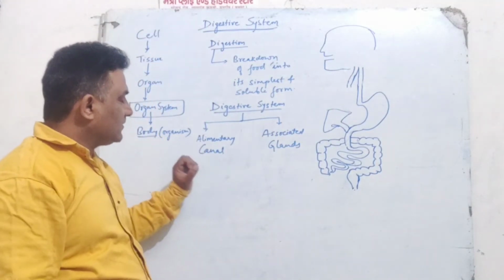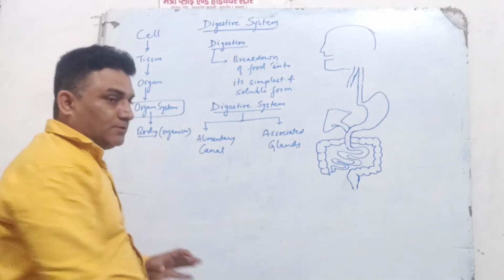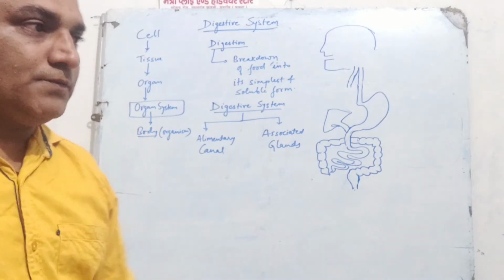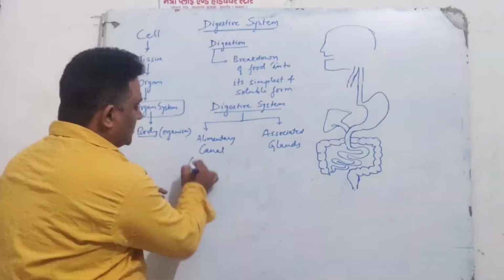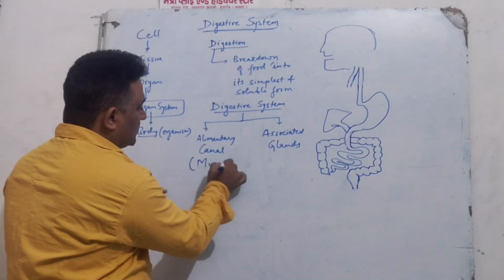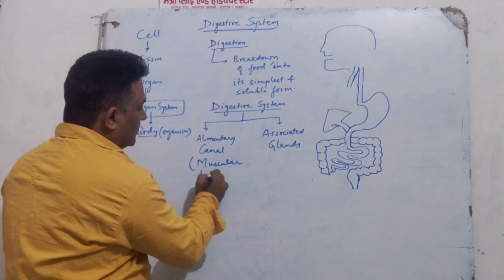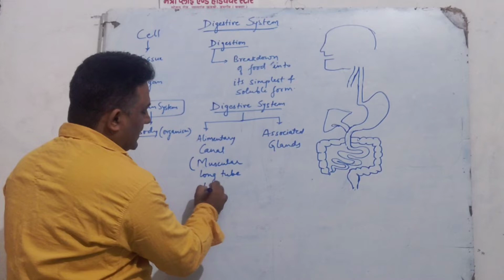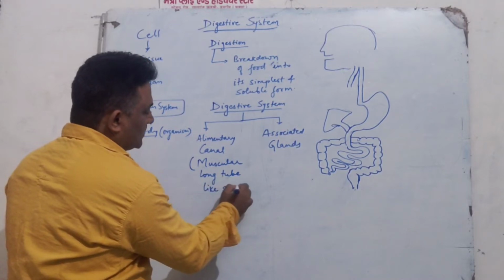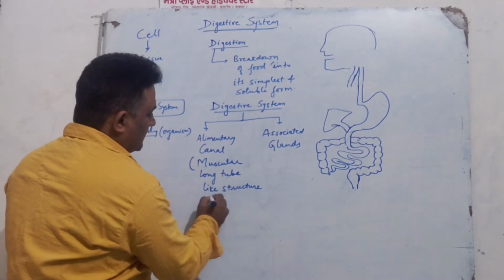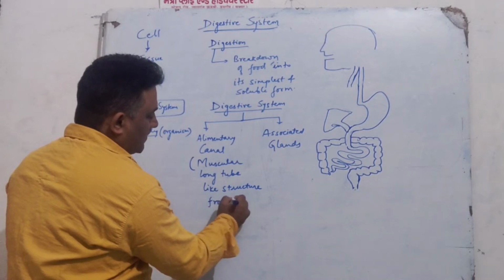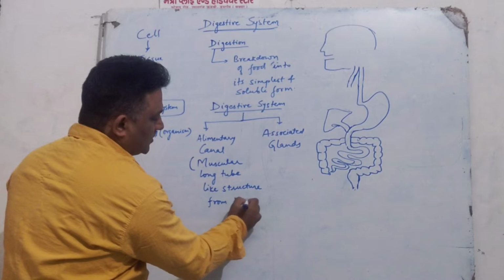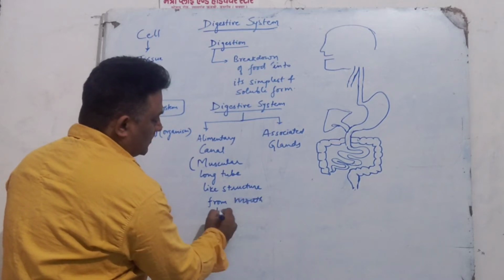Okay. Alimentary canal, if you want a definition of alimentary canal, it is a muscular, long, tube-like structure from mouth to anus.